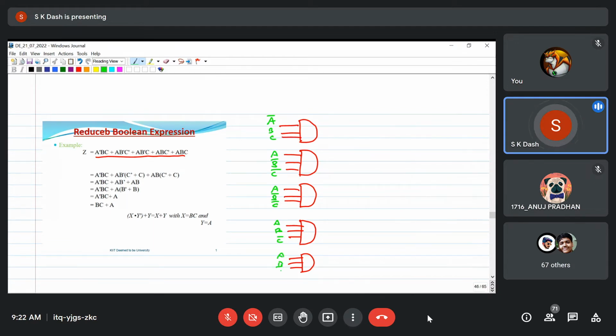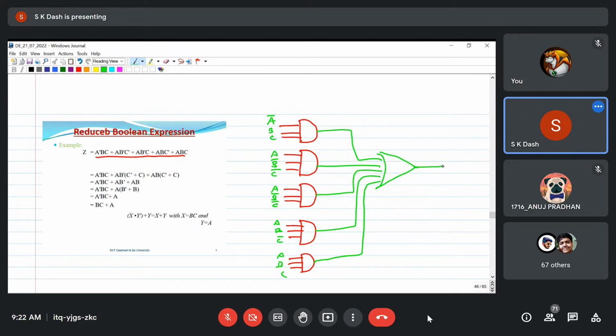Fifth one, A, B, C. Apart from this, we want an OR gate. If I have a 5-input OR gate available, then this will give me the output expression. In this way, we can implement this function.